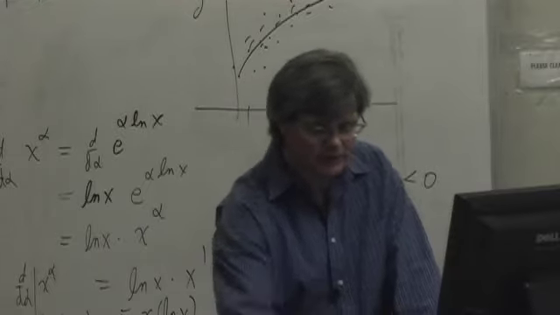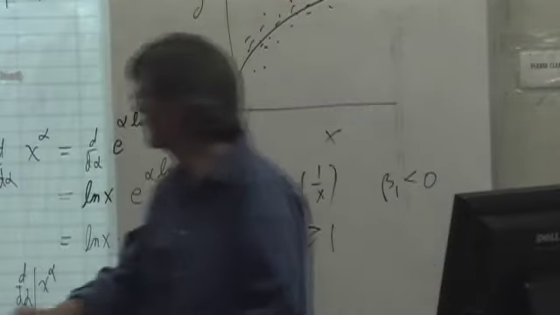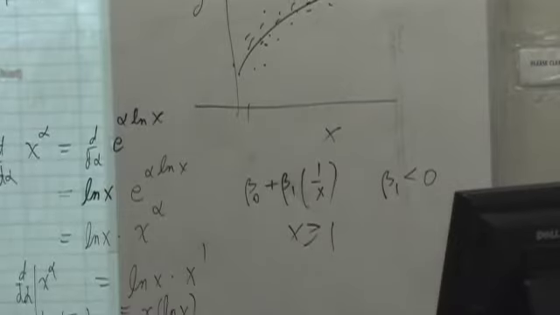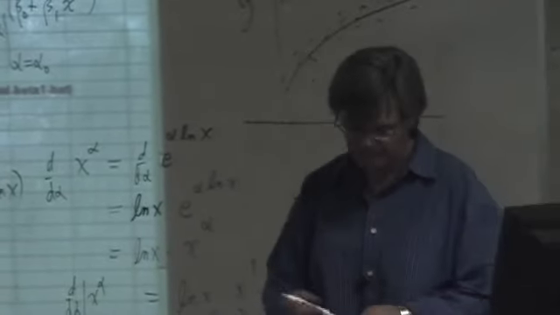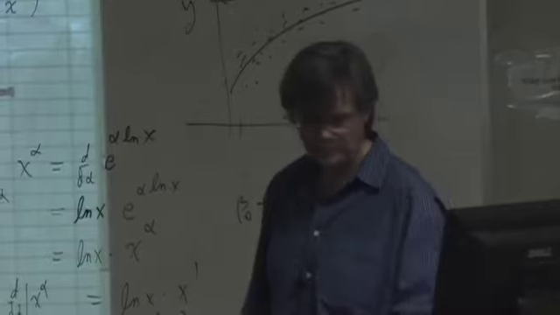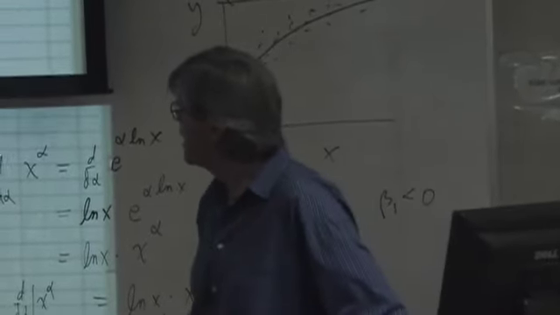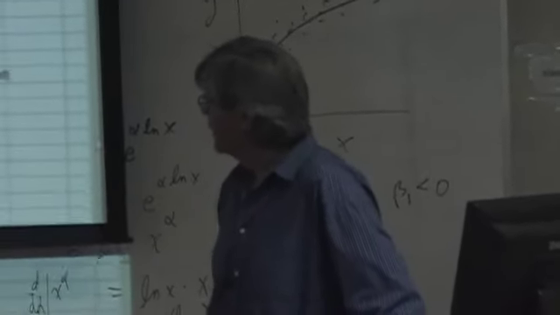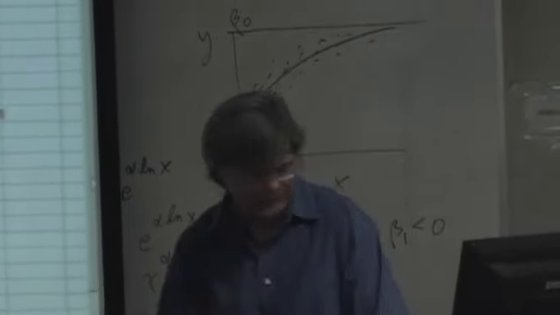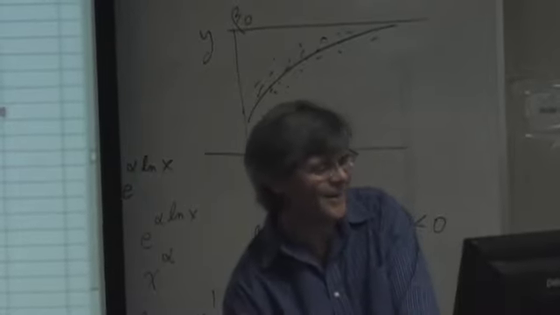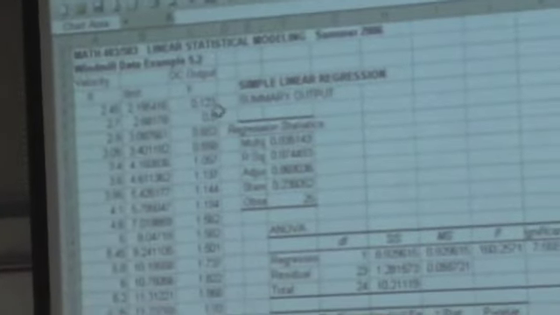What I've done now is turn the picture on. That's the original fit that didn't fit. Now I've taken x log x as another variable, and I regress y on x and x log x.